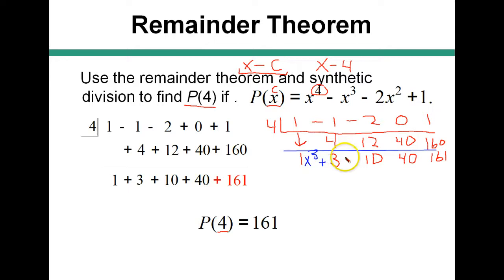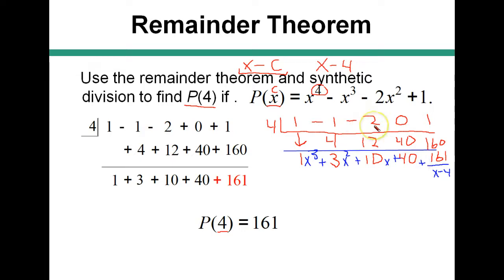This is going to be 3x to the 2nd. This is going to be plus 10x. And then this is going to be plus 40. And then this is our remainder, which would be over x minus 4. And then we would put a plus there.